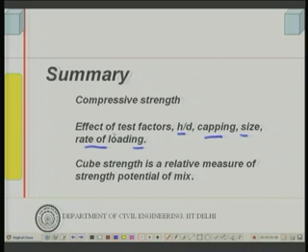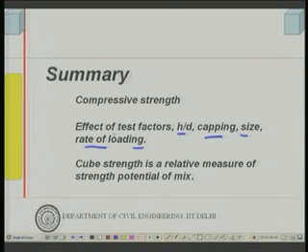We have seen that if you increase the rate of loading, the strength can be even double, but that is at a very high rate of loading. At a slow rate of loading, the failure can be at a lower load, and this has been attributed to the phenomenon of creep in concrete.